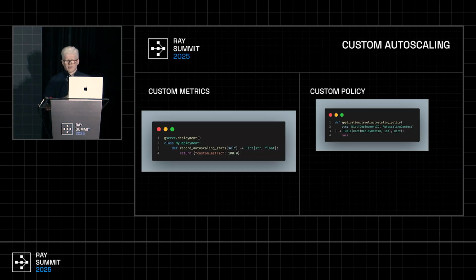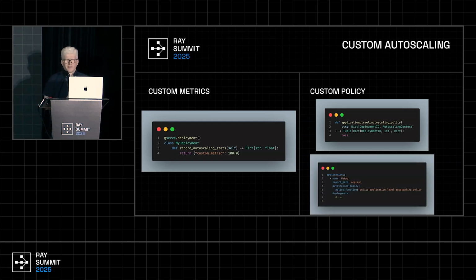It contains the custom metrics that users emitted. It also contains the metrics tracked by Serve internally. And finally, users have to associate this policy with their Serve config, which tells the framework to disregard the default policy and use the one provided by the user.